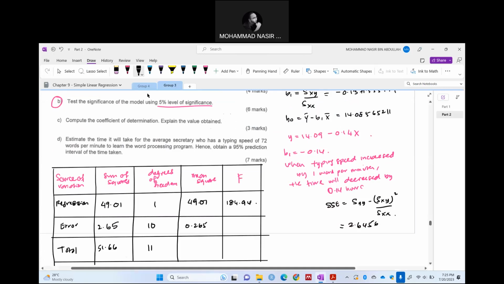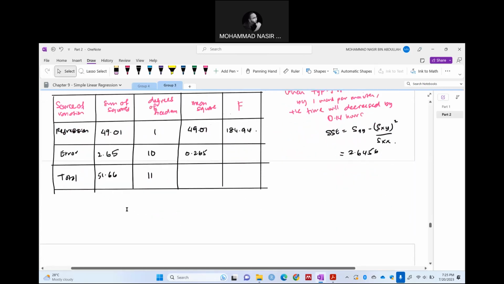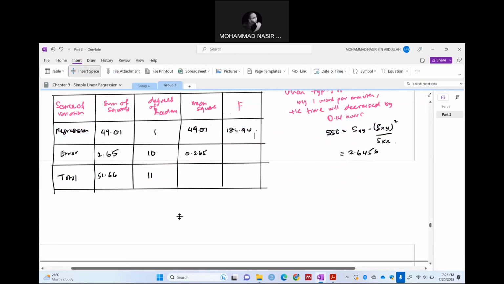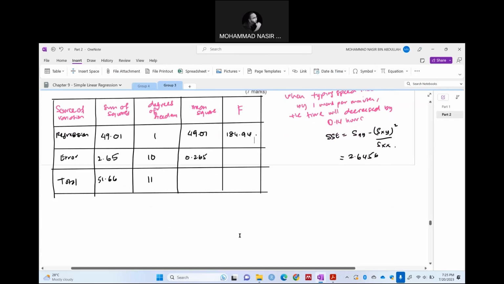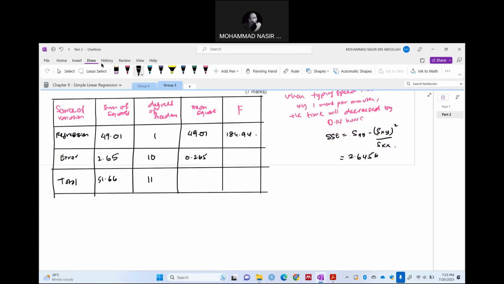Right. So once you already have the F value, null hypothesis beta equal to 0, alternative hypothesis beta is not equal to 0, alpha 0.05, F equal to 184.94, critical region.